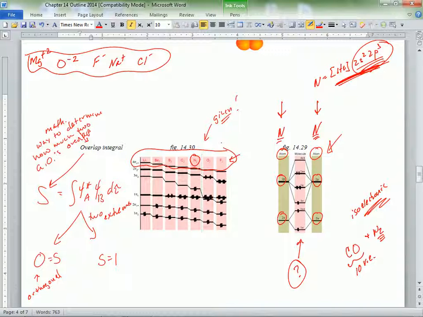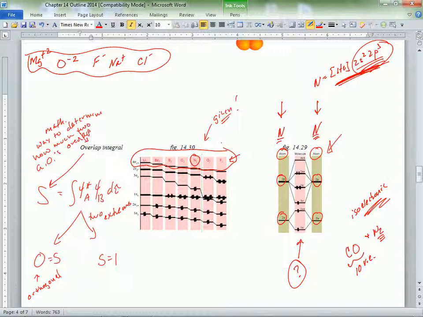You just fill in the order of these orbitals, right? Notice how they have 1 sigma, 2 sigma star, 3 sigma, 1 pi, 2 pi star, and then 4 sigma star. That's the order they filled them up here too.